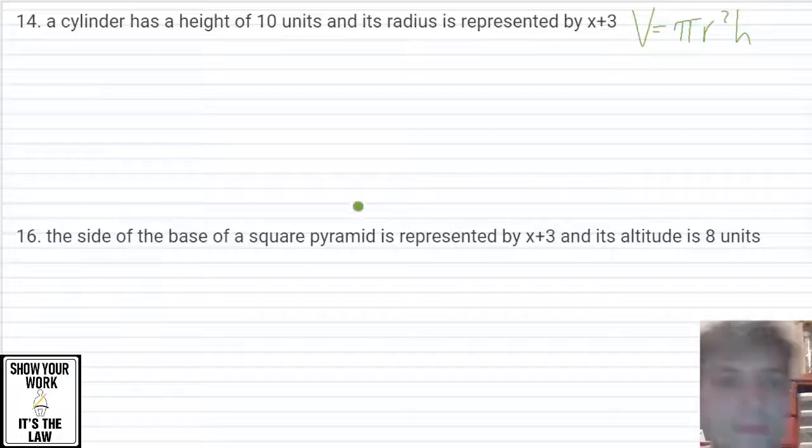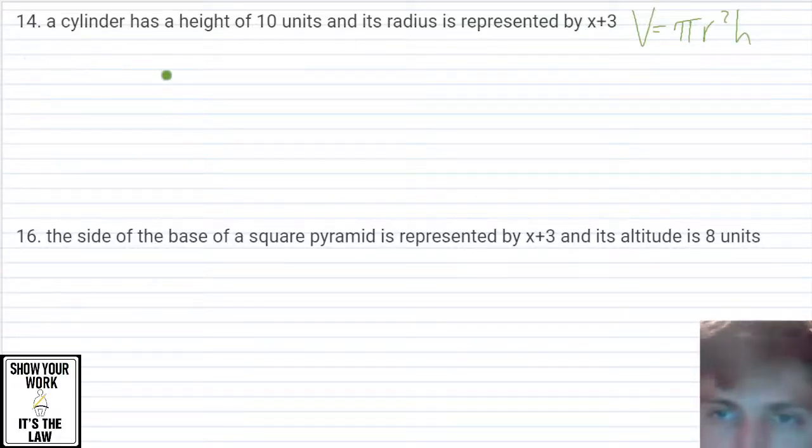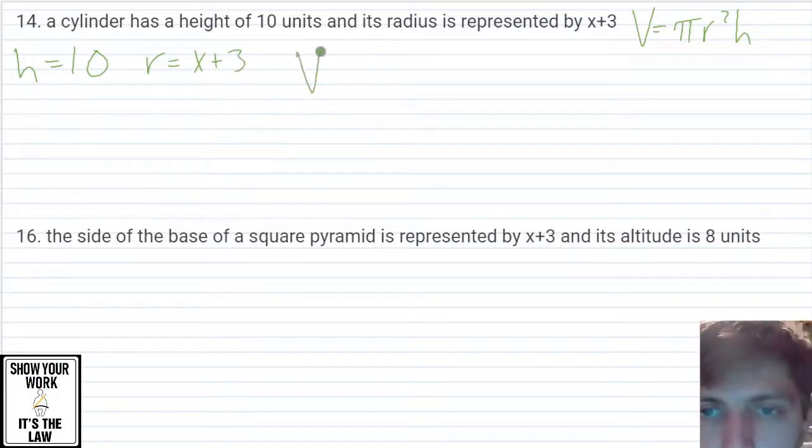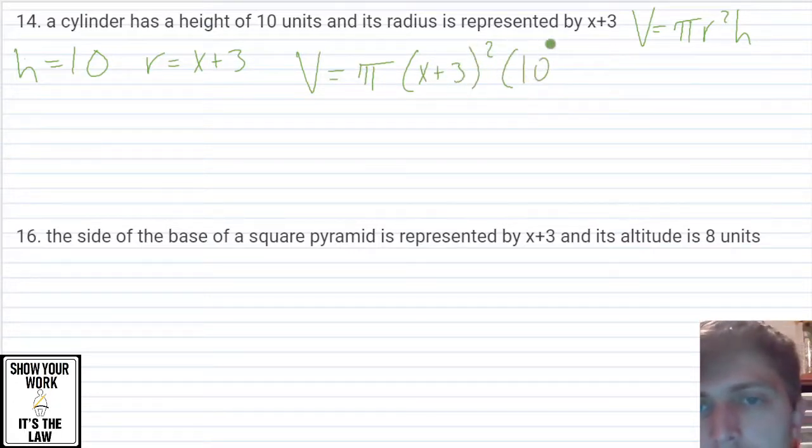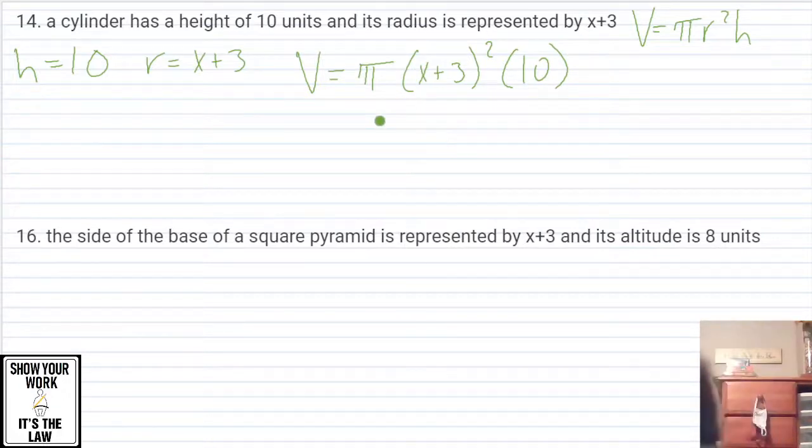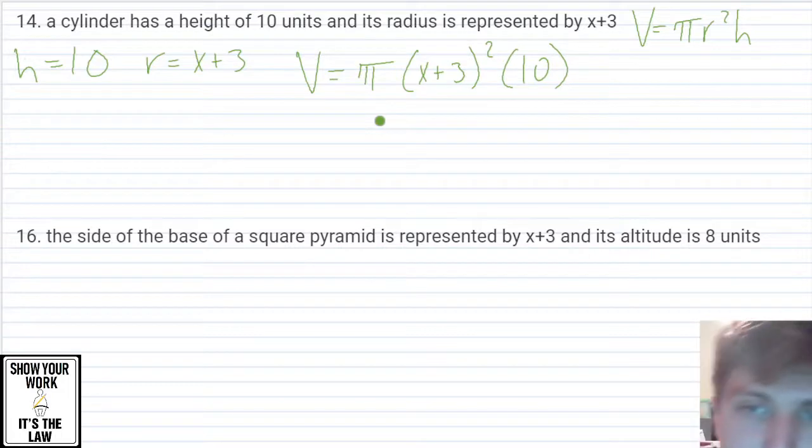All right, so the cylinder has a height of 10, and its radius is x plus 3. So let's substitute these into our volume equation. Pi, radius equals x plus 3, and the height is 10. If we wanted to multiply everything out, it'd be complicated, so let's just leave it.